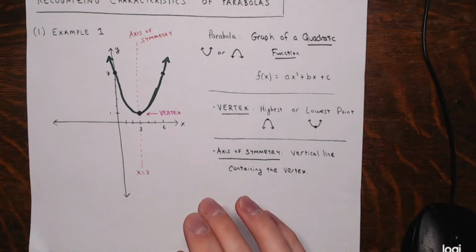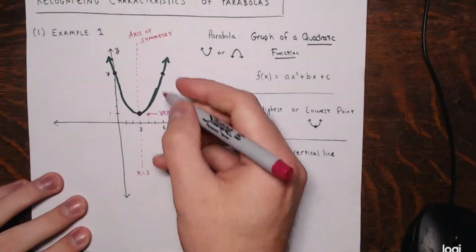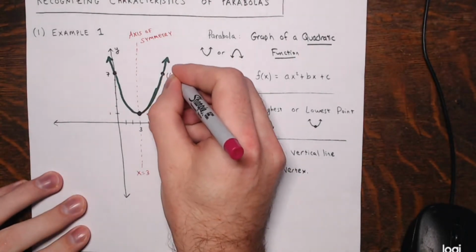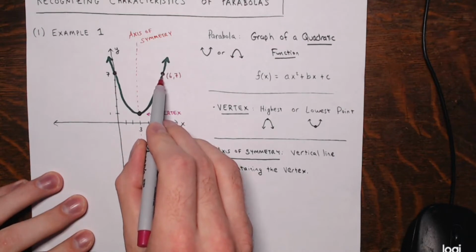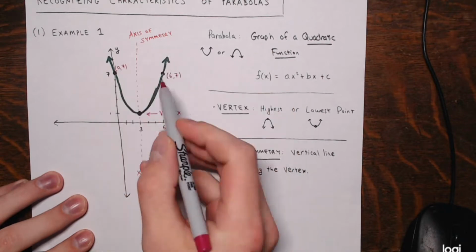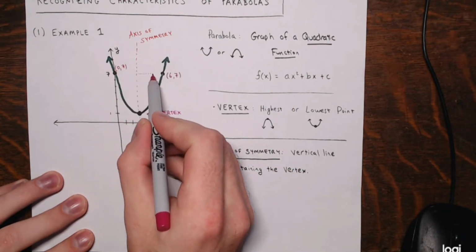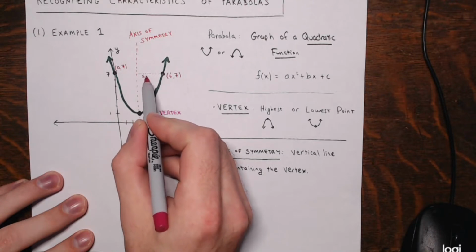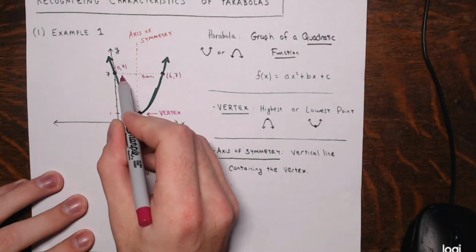If you were to be on any point, like here's the point 6 comma 7, that looks like it's on the graph, and then this point over here is 0 comma 7. If you go from the axis of symmetry, you go directly right and left. This is 3 units to the right, and then 3 units to the left, and you're on the graph again.